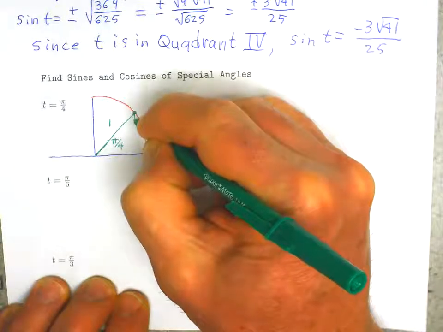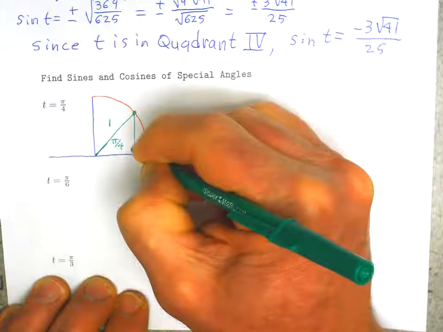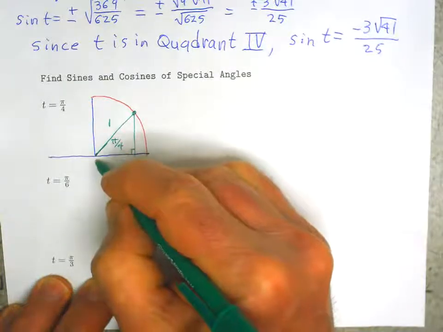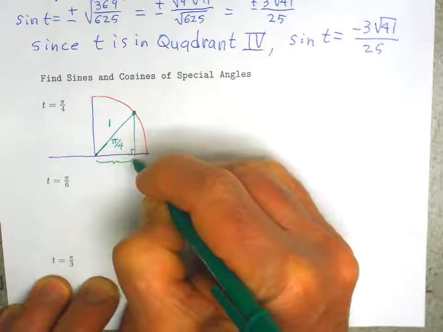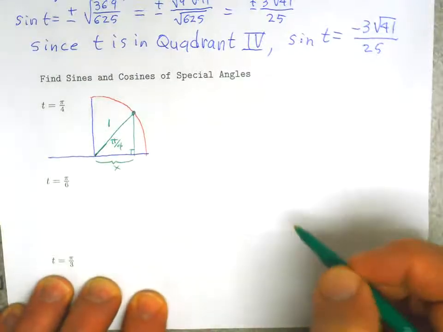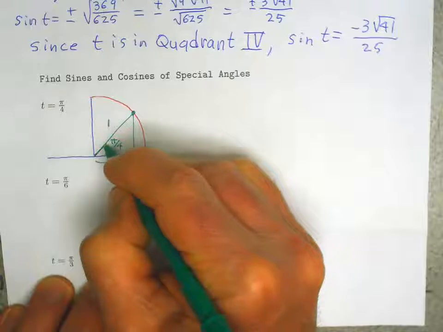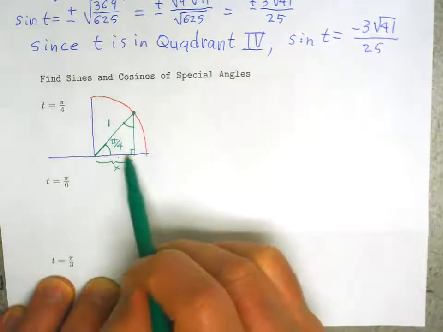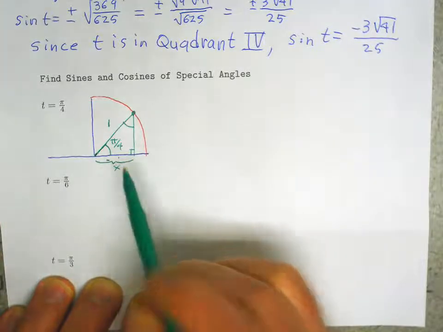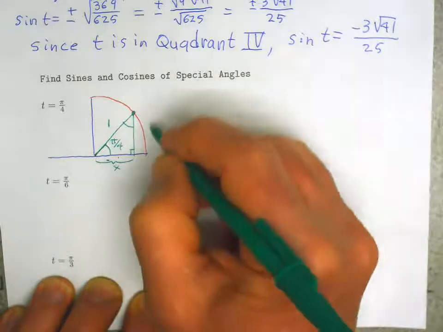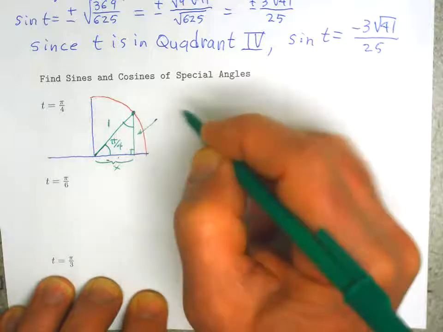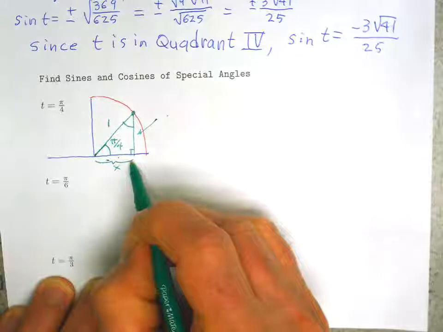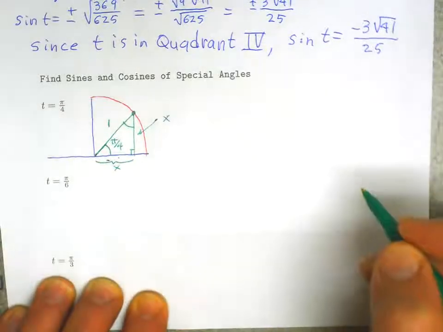And if we construct a right triangle, I'll refer to this side as length x, but since it's a 45-degree angle, it's an isosceles right triangle. So the vertical side is equal to the horizontal side. I'm just going to say that that's x.